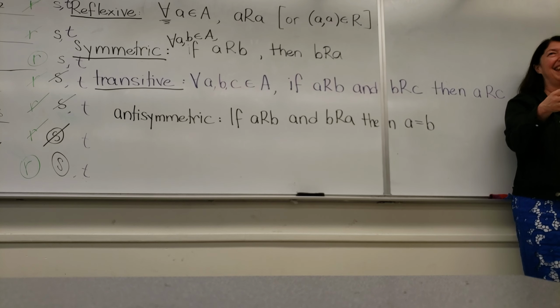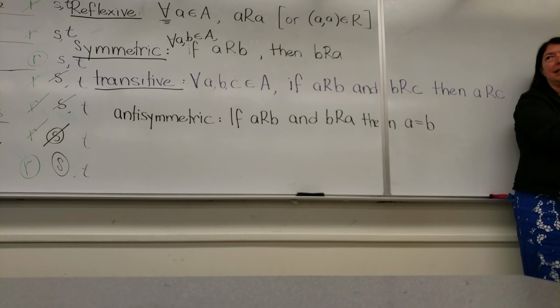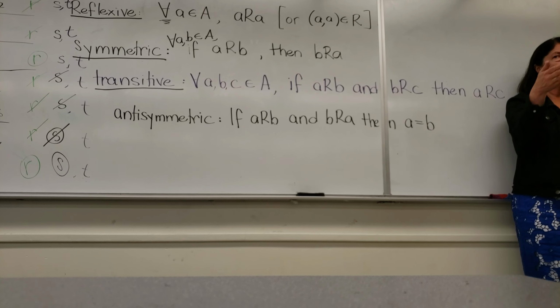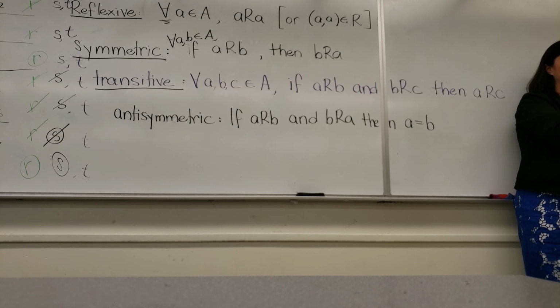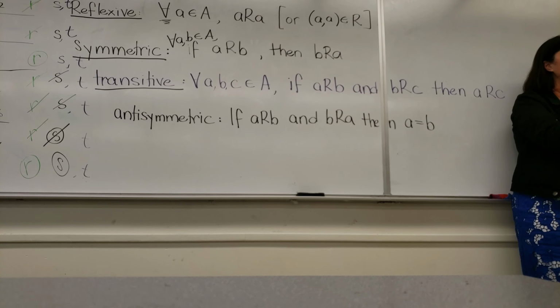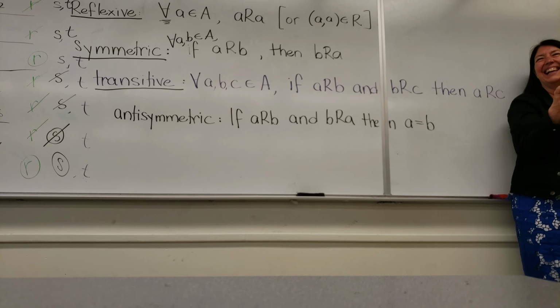And then I said, and Susan's IQ is less than or equal to Janet's. So Janet's IQ less than or equal to Susan, Susan's IQ less than or equal to Janet. They have equal IQs. So that would be anti-symmetric. I'm gonna tell them that next time I see them.